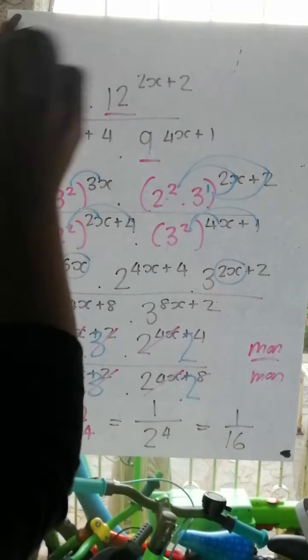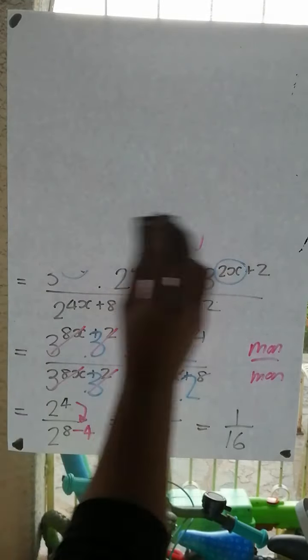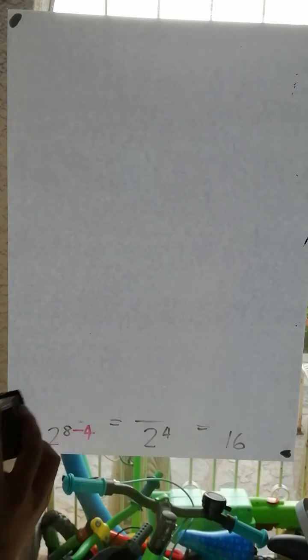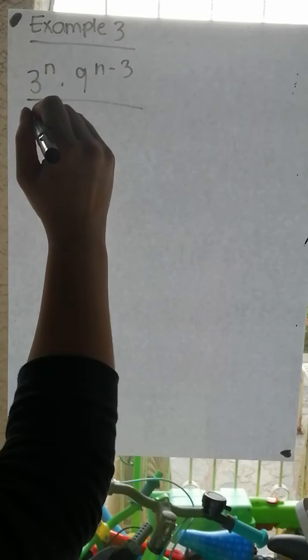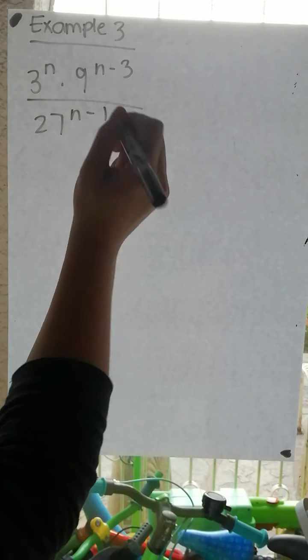Okay, example 3 looks like this. It says simplify 3 to the power of n times 9 to the power of n minus 3 all over 27 to the power of n minus 1.